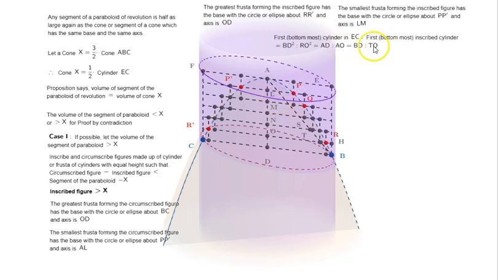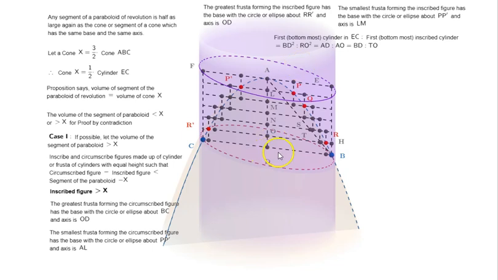Now we are looking at the ratio of the first frusta of the cylinder in EC, that is the bottommost, to the first in the inscribed cylinder, that is the bottommost. They are proportional to the square on their radii.